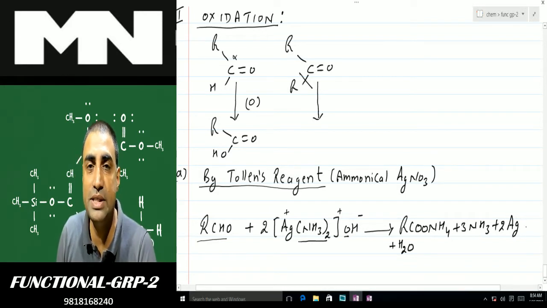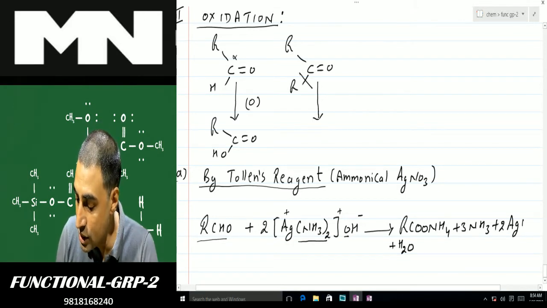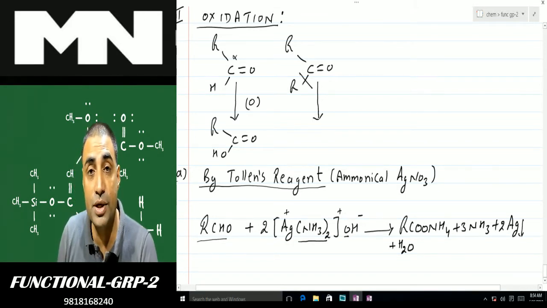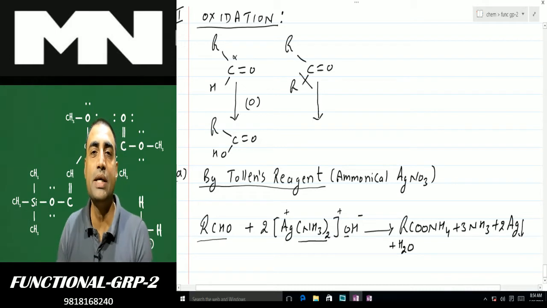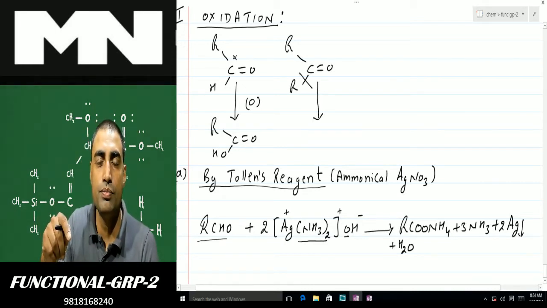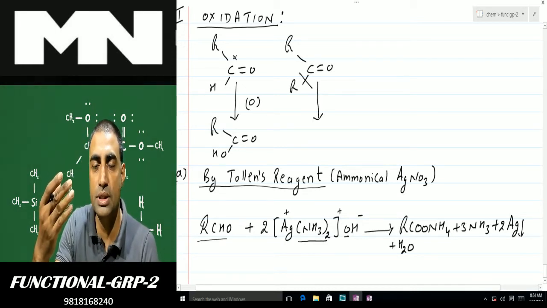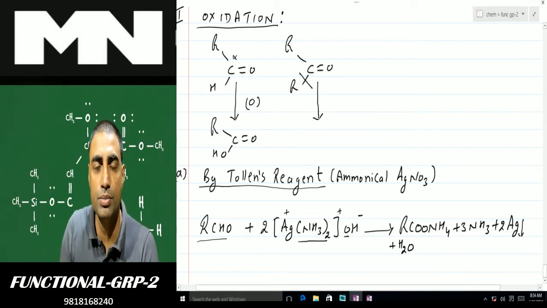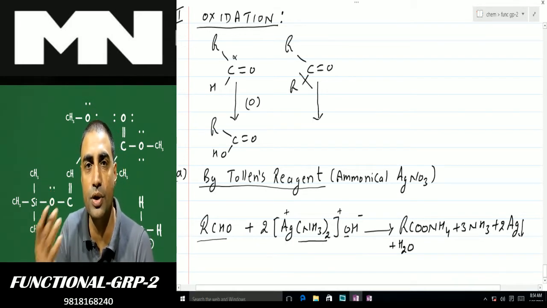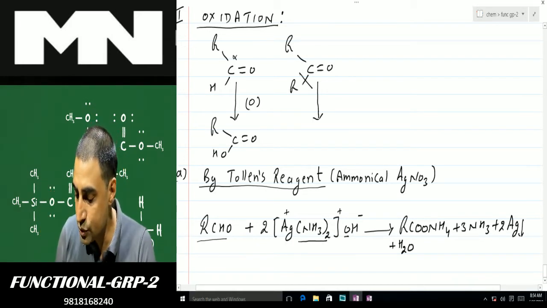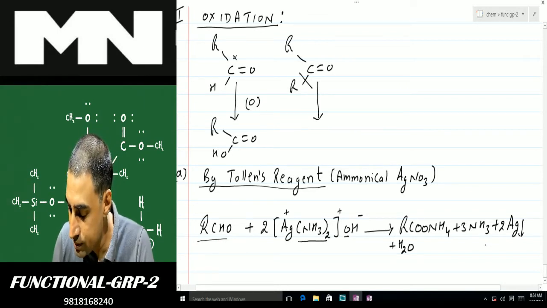That means Ag is undergoing reduction, so it is oxidizing the aldehyde. This silver will settle down at the bottom of the test tube. When it settles down, you can see your face in the glass of the test tube because it is acting as a mirror. Inside you have got a coating of silver. That's why we call it silver mirror.